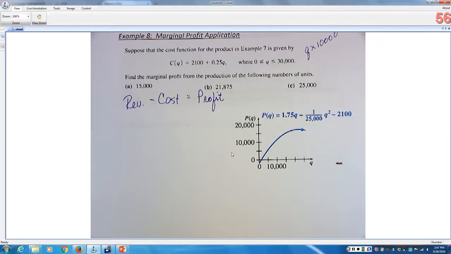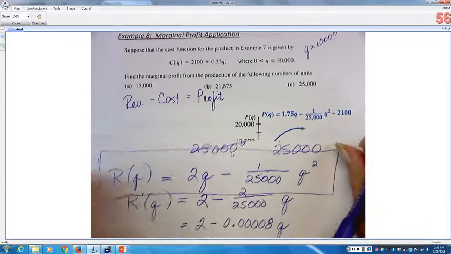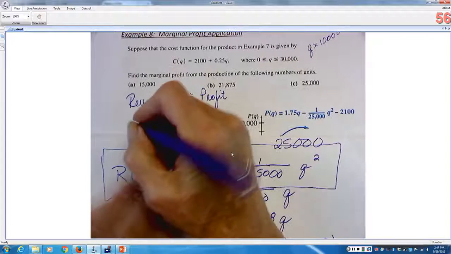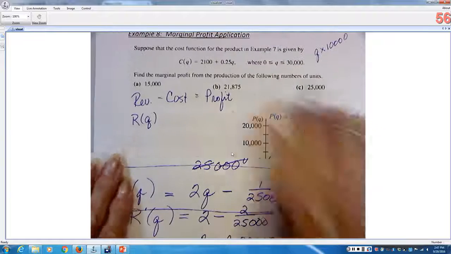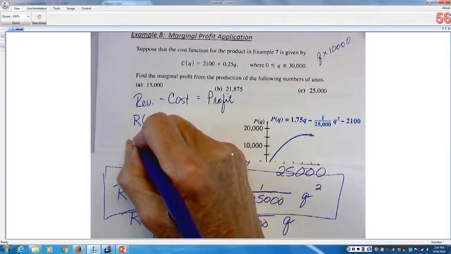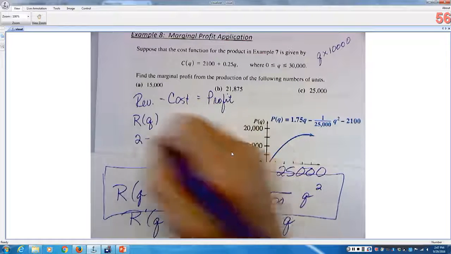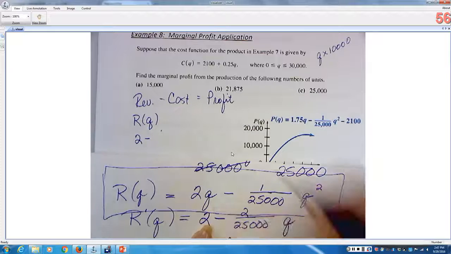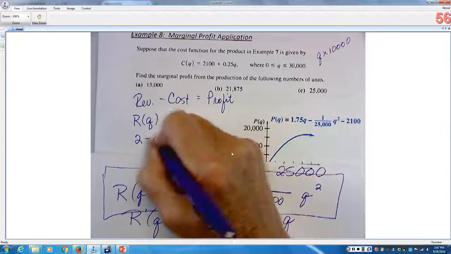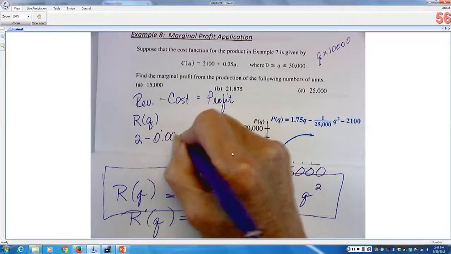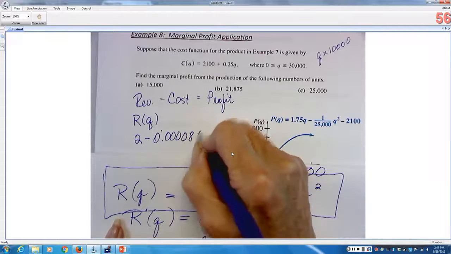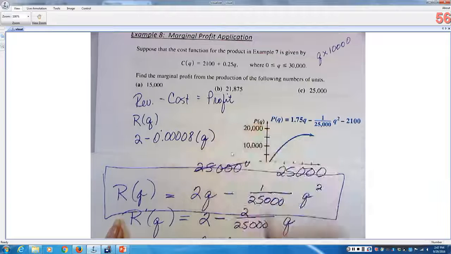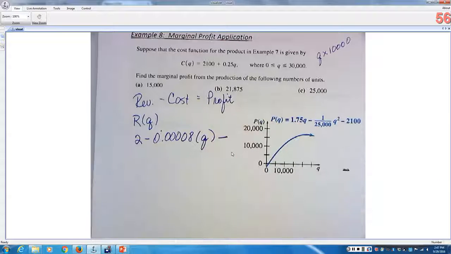So we decided that our revenue equation, put it back up here for a second. Our revenue equation is R of Q, and it is 2 minus, I like this better than I do that, times Q, minus the cost.